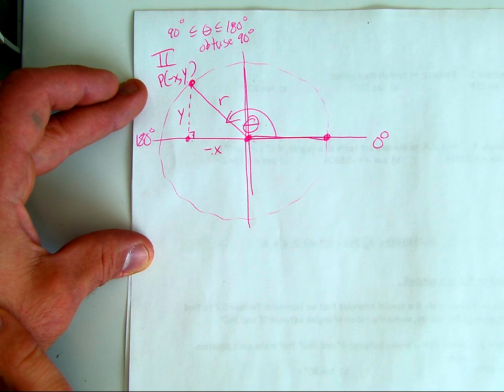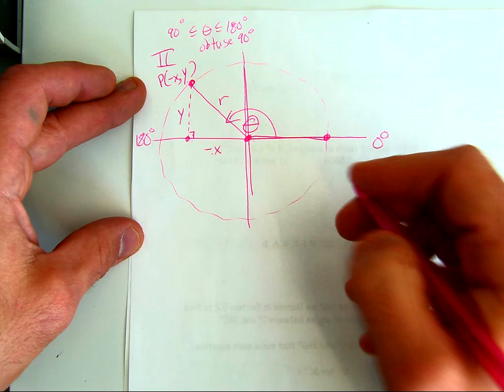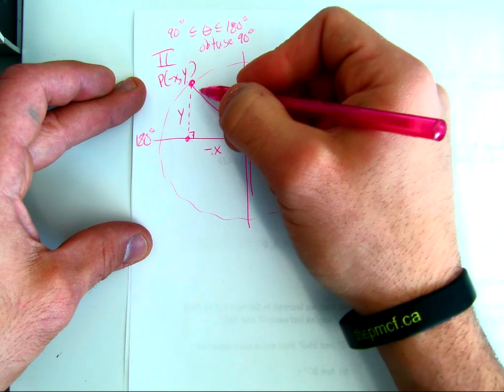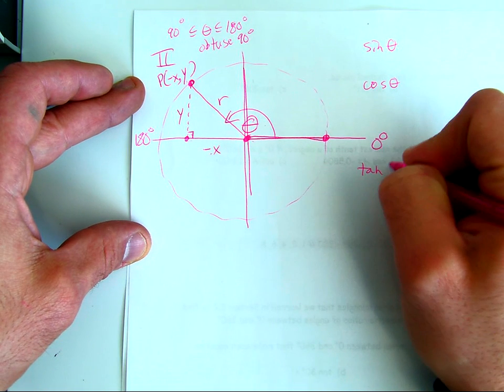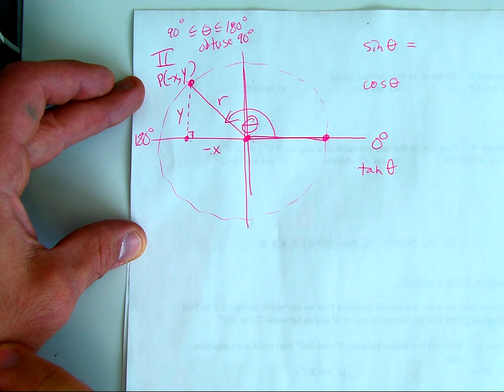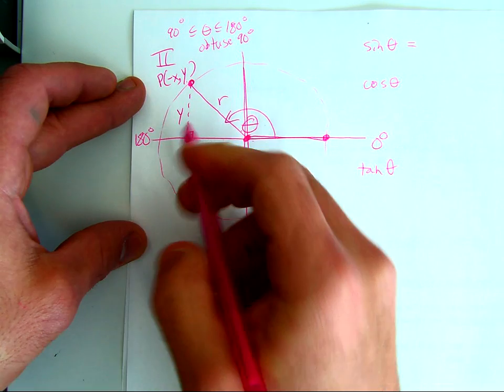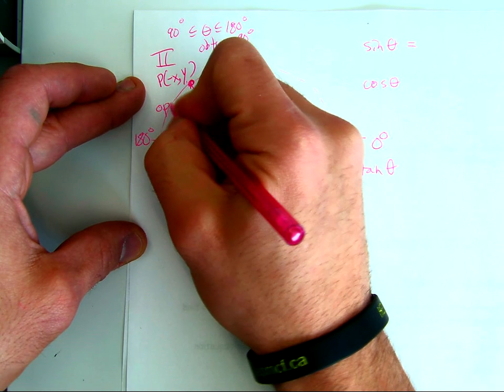And then, if we take a look at sine, cos, and tan in relationship to quadrant number 2, if I take a look at sine theta, cos theta, and tan theta, remember, I know that sine is opposite over hypotenuse, or y over r. So opposite is your y, adjacent is your x again, and hypotenuse is your r.